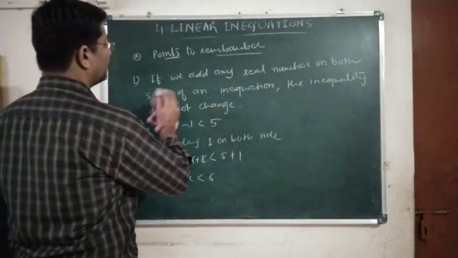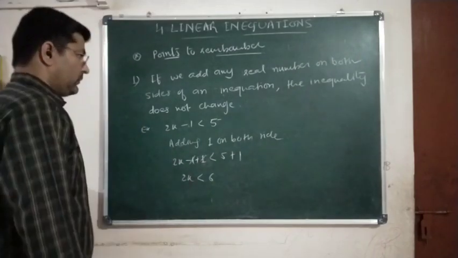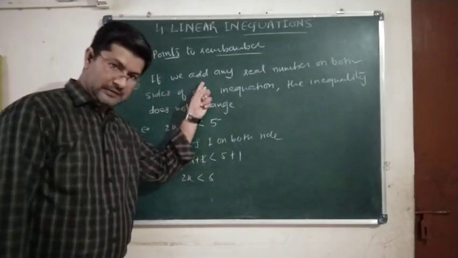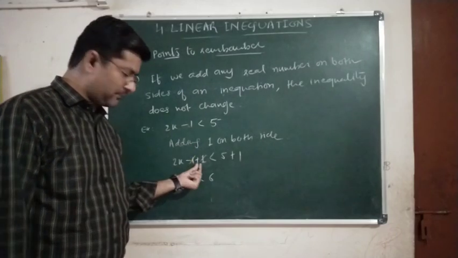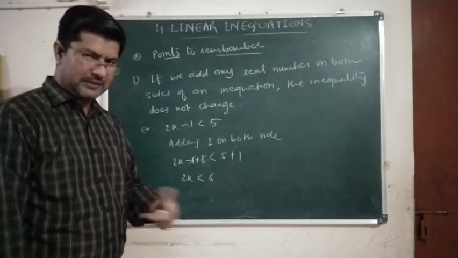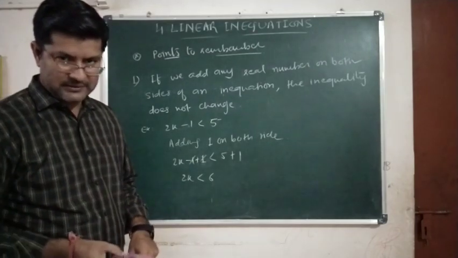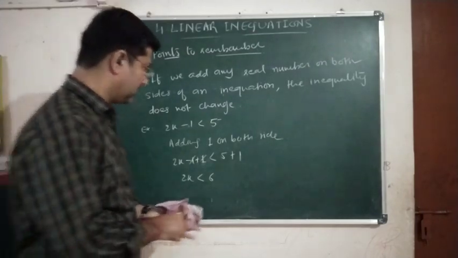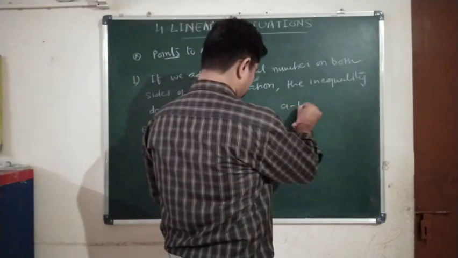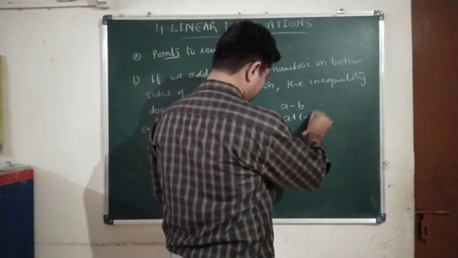Now point number 2. Okay, if you are adding a negative number, so that we can understand that subtraction is also addition only. A minus b can be written as a plus minus b.